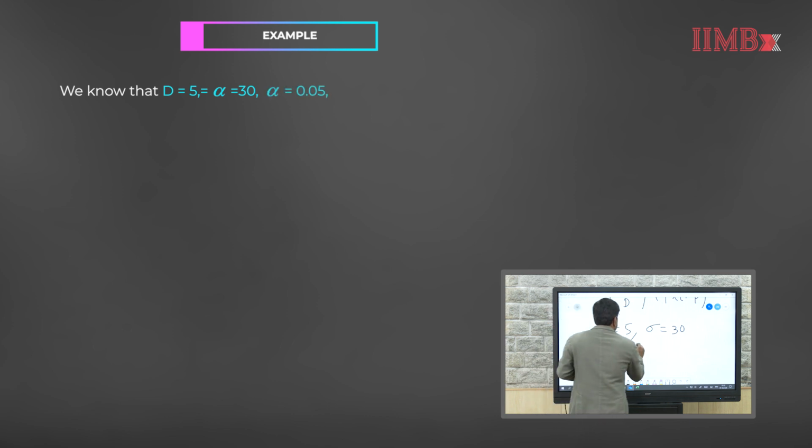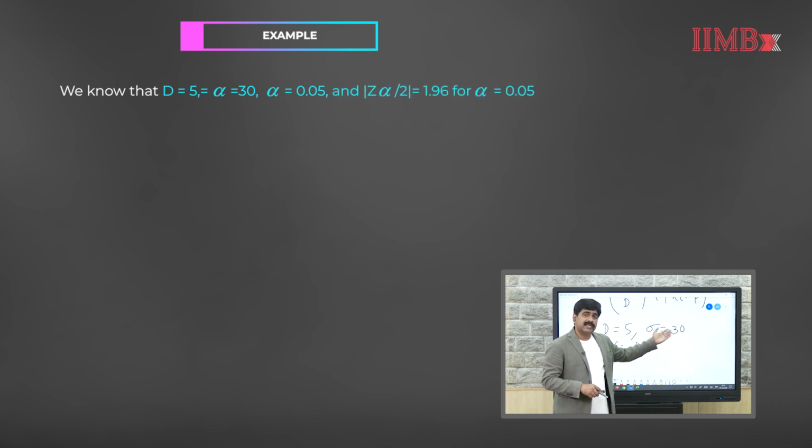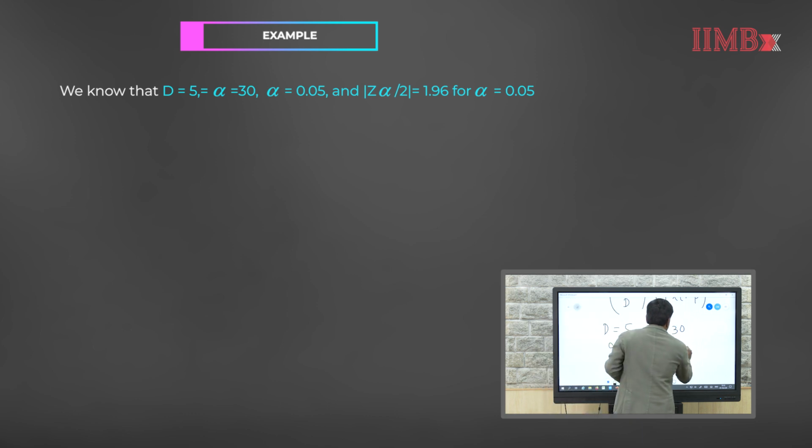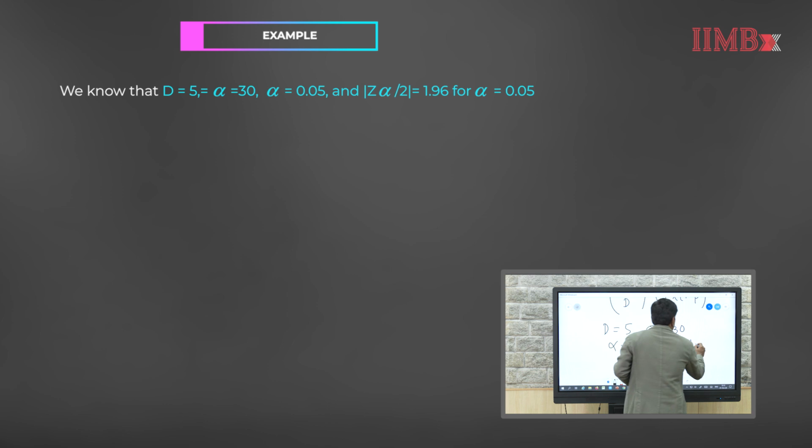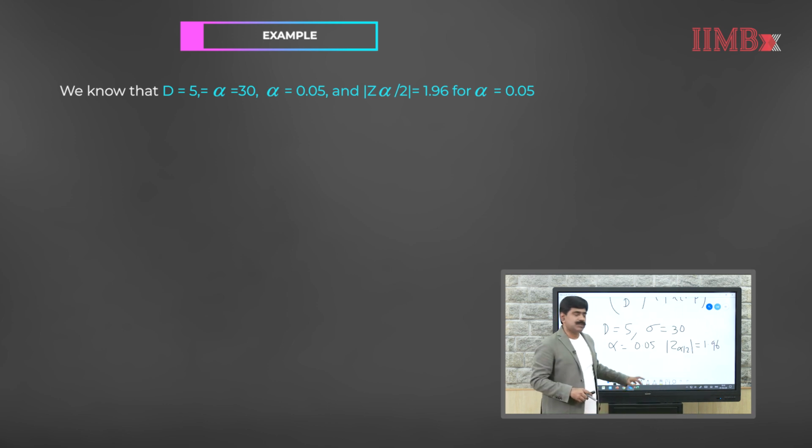So, that is 0.05, and for alpha 0.05, we just now saw that the critical value, that is z alpha by 2, will be 1.96, the absolute value of z alpha by 2. All I have to do is now substitute all these values in the equation that we just now saw.